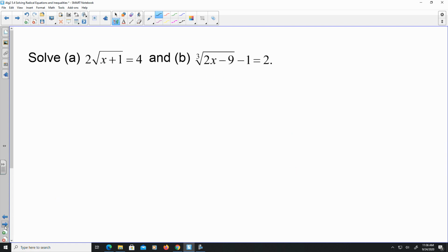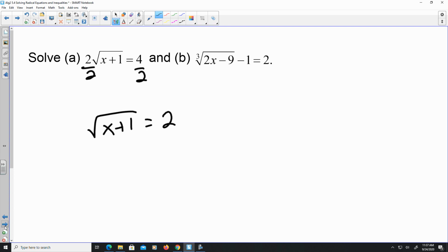Looking at these two examples, for instance, it has 2 times the square root of x plus 1 is equal to 4. Isolating this radical, I'm going to divide both sides by 2, which leaves me with the square root of x plus 1 is equal to 4 divided by 2, which is 2.